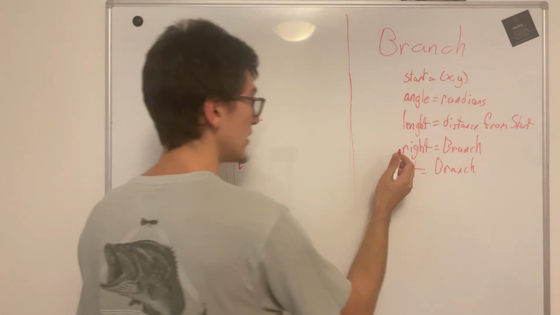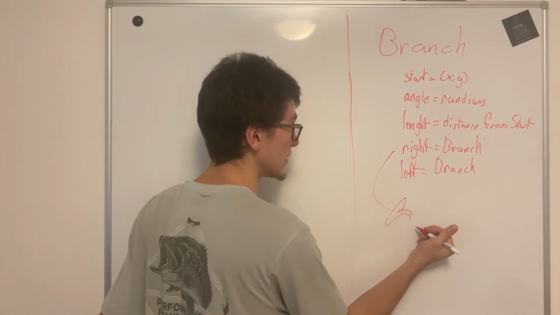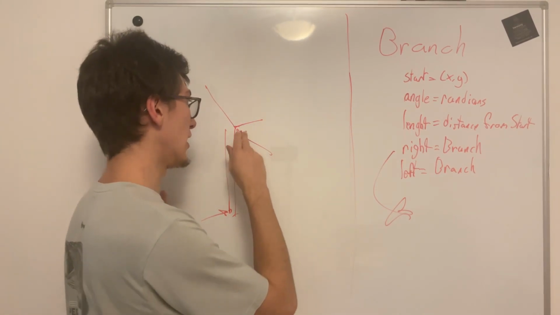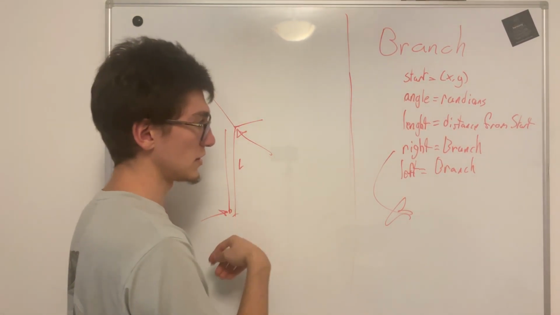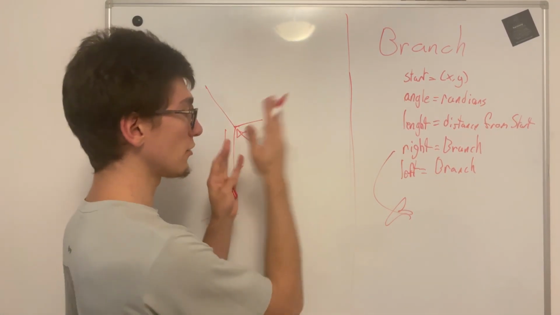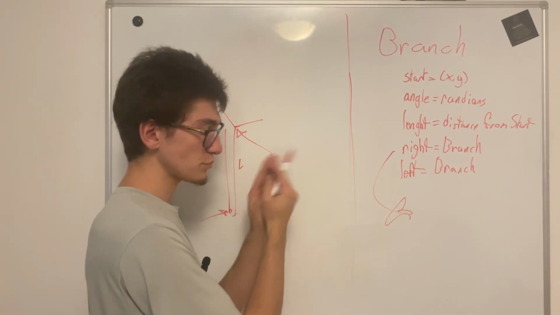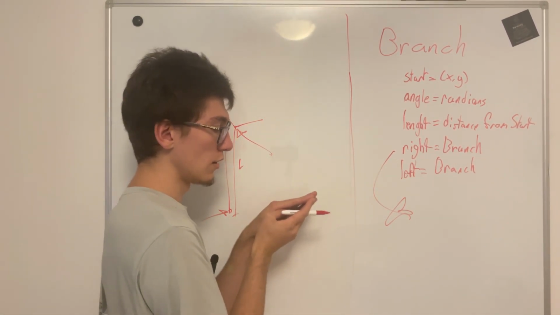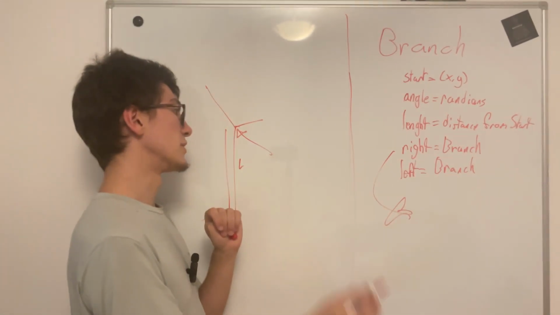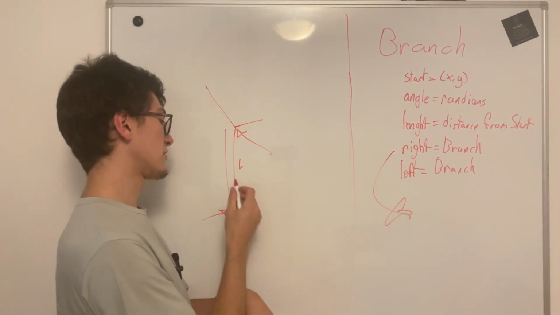When we create the right branch, we want to create it using the ending vertex of the initial branch and the angle of the initial branch plus, in this case for the right one, 45 degrees, and the length maybe some factor of this one.